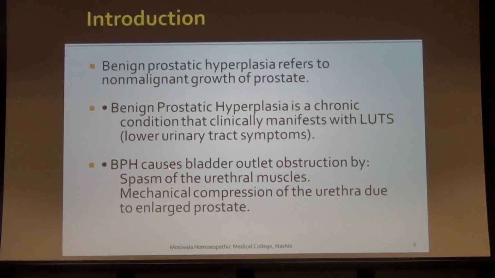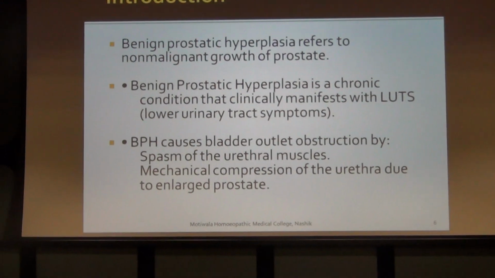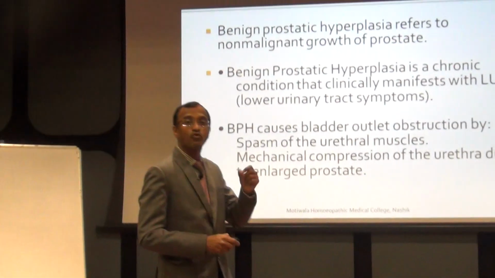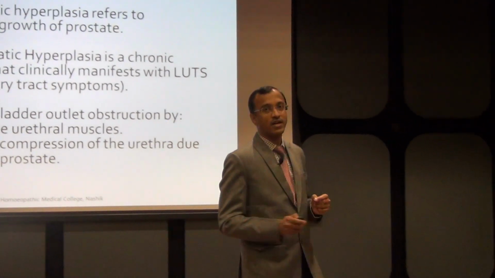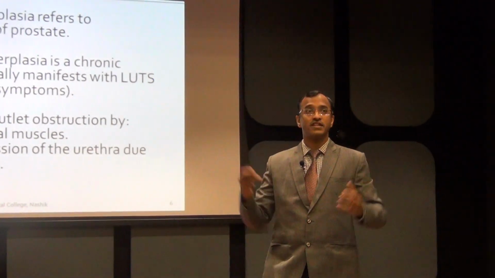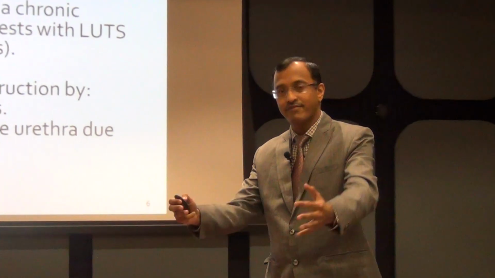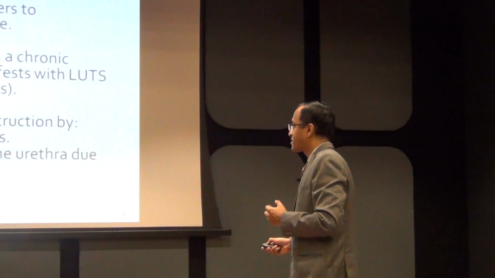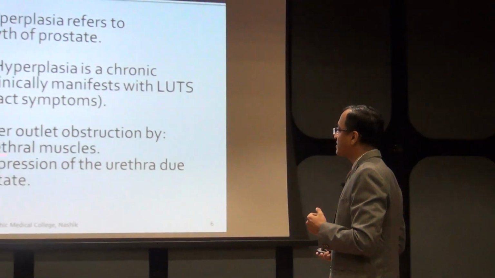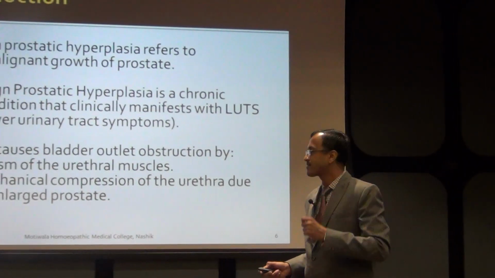Now, benign prostatic hypertrophy usually causes bladder outlet obstruction. That is the key thing by which the symptoms are produced. The patient has a problem because of this outlet obstruction. This outlet obstruction can occur when there is a spasm of the urethral muscles.